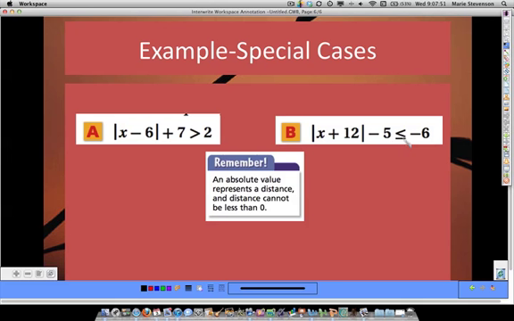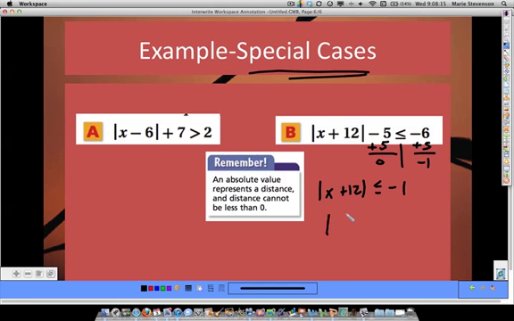Over here we're going to add the 5. And we get negative 1. So we get the absolute value of x plus 12 less than or equal to negative 1. Now remember what I said. If you get a negative over here when you're trying to isolate the absolute value, stop. It's a special case. So what is this telling us?